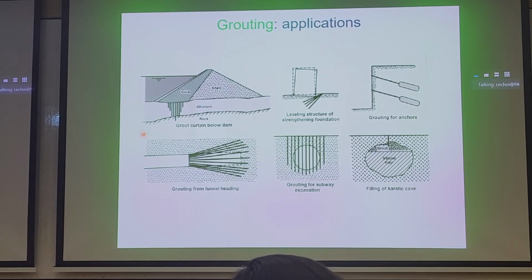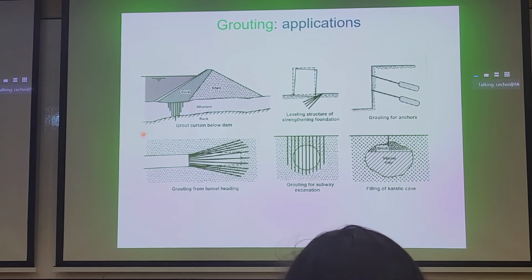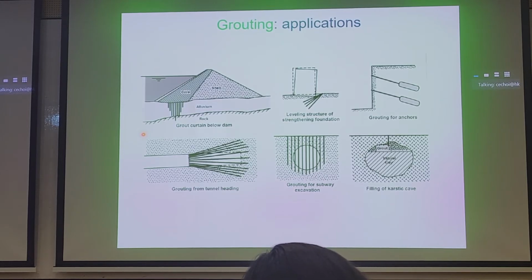In this case here, I guess this could almost be a plan view of the tunnel. We're looking over top, and we can inject grouting in a fan like this to stiffen all the soil above. So as we push the boring machine through, we're not worried about collapse of the soil into the tunnel, because that can waste a lot of time and be very destructive.